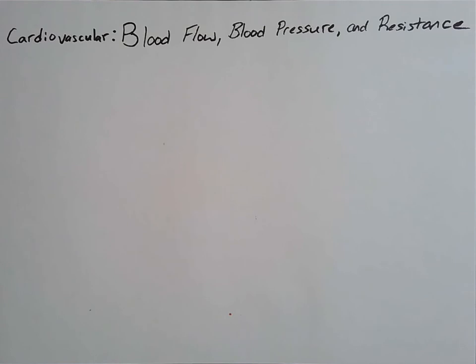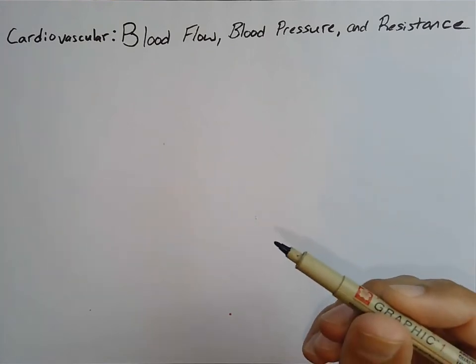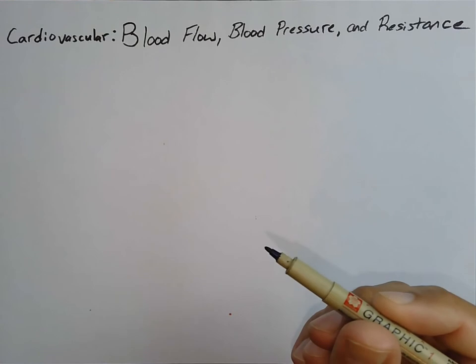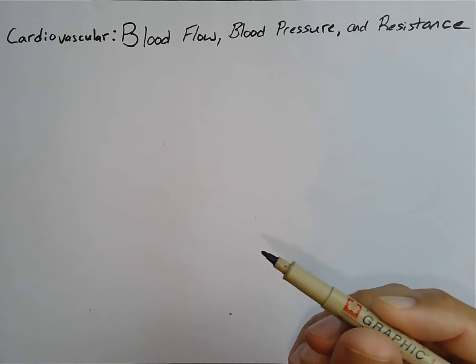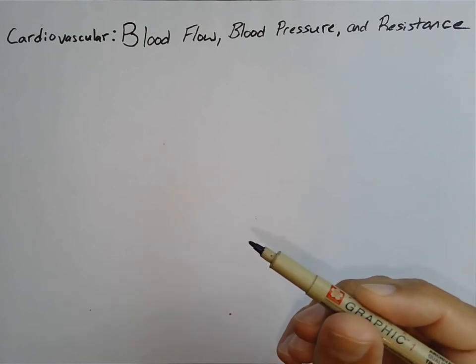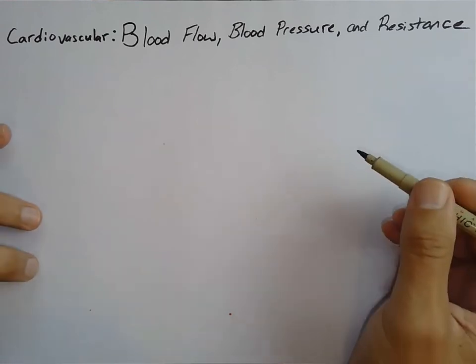All right. Let's use some of the previous information to discuss this current information. The very first thing that I'm going to talk about is we're going to go back in time and talk about cardiac output.